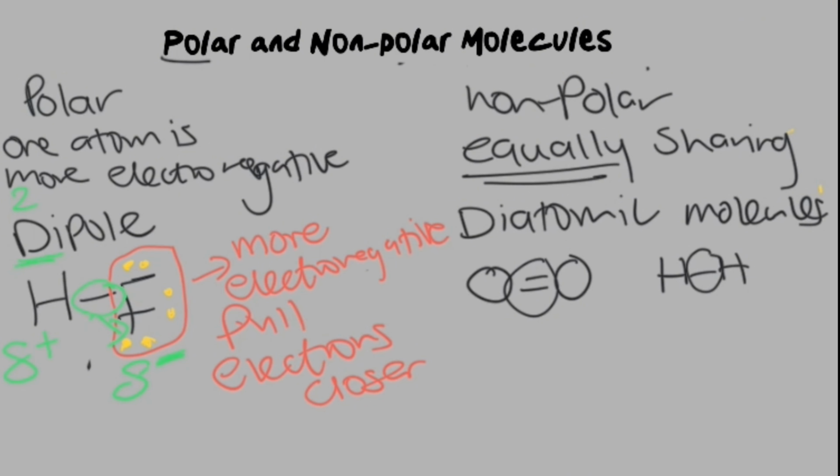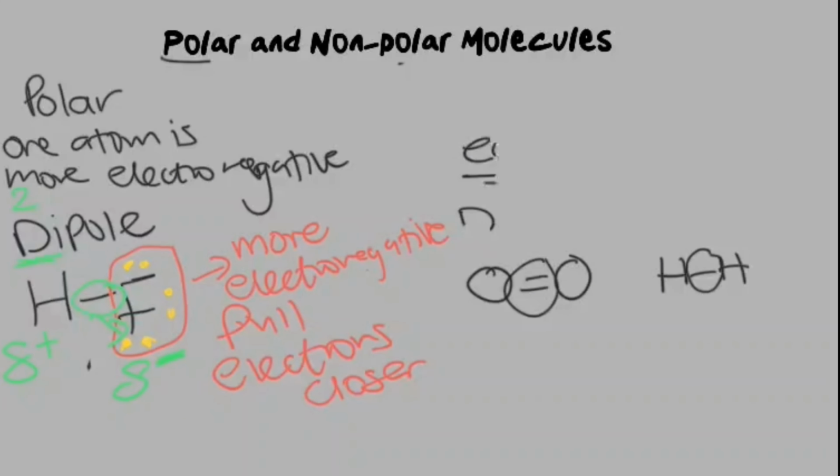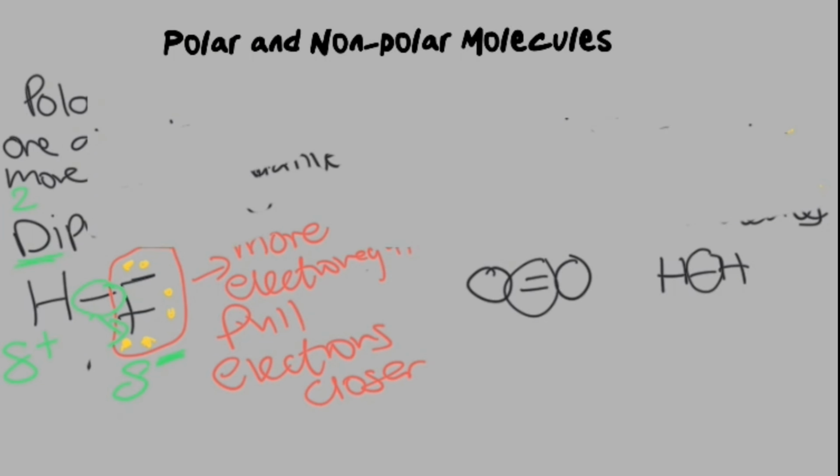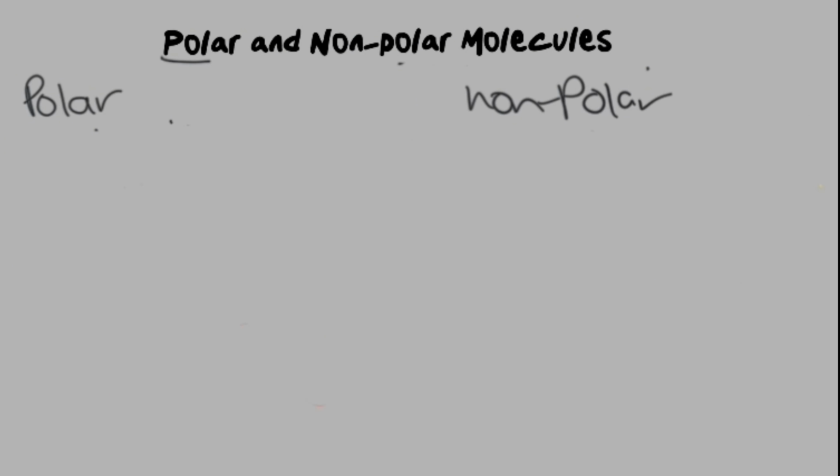I'm going to write down some more examples of polar and nonpolar for you. So I've said the diatomics are nonpolar, as well as there are other types of molecules, right, which goes back to something called the VSEPR theory.